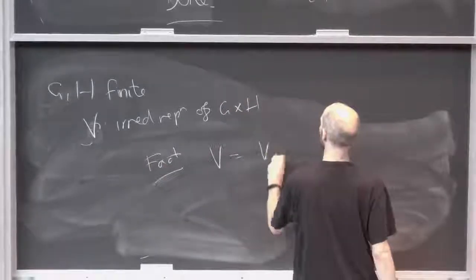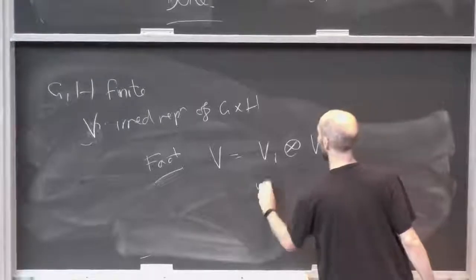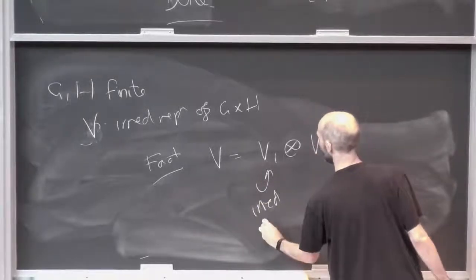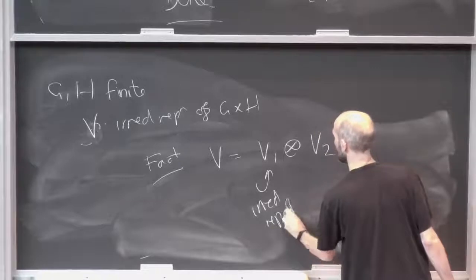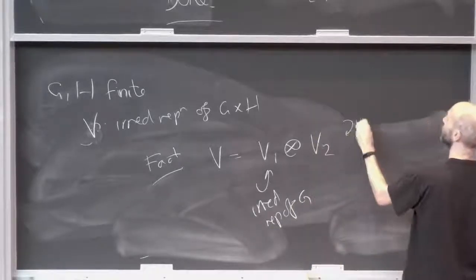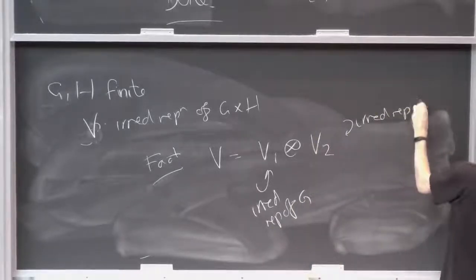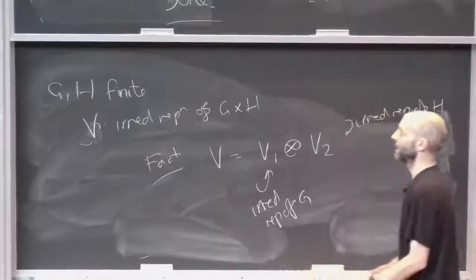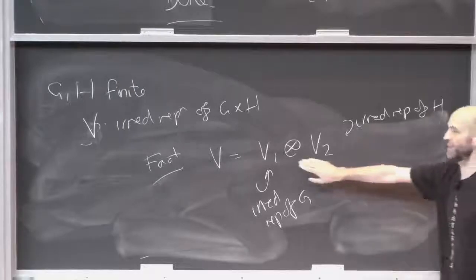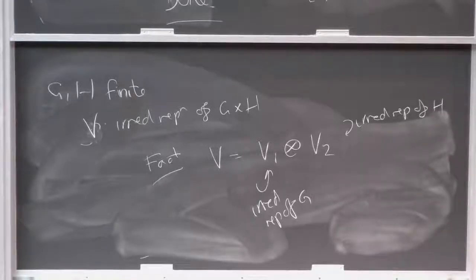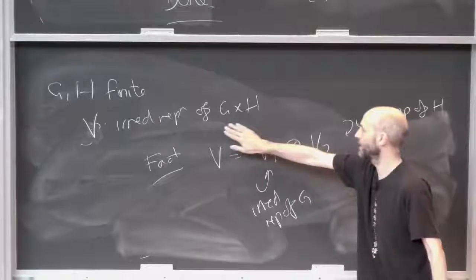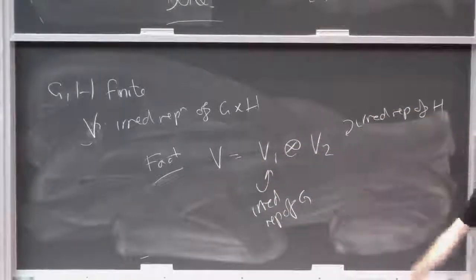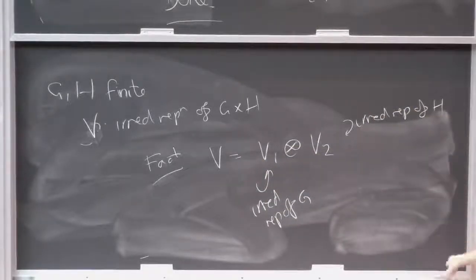V is V1 tensor V2, where V1 is an irreducible representation of G, and V2 is an irreducible representation of H. There's some fact that maybe some of you learnt when you were doing undergraduate representation theory. I think it was just about in our undergraduate representation theory, because the tensor products are a little bit scary when you're an undergraduate. But that's how it works. You get an irreducible representation of the product. It turns out to be a tensor product of irreducible representations of the factors.